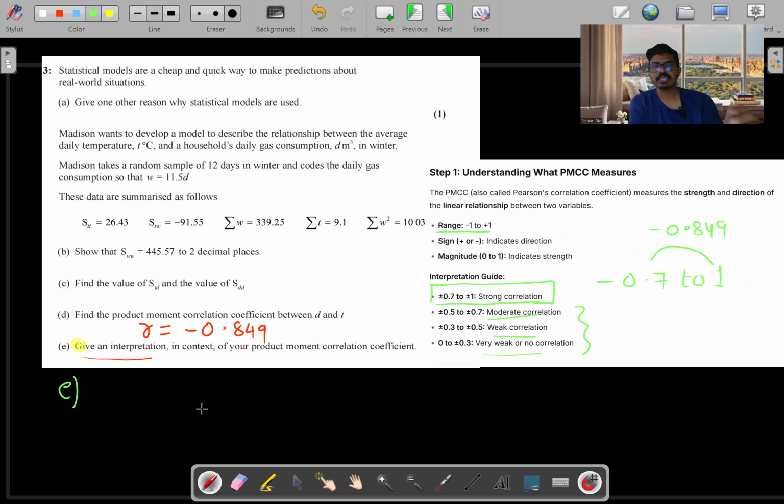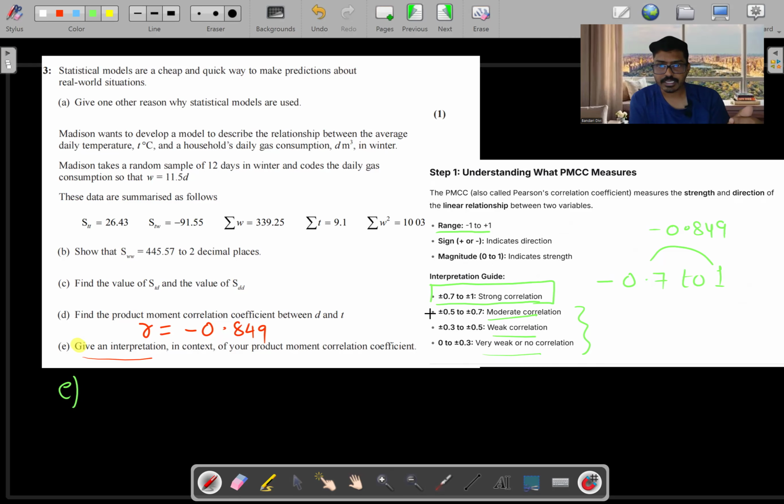So you need to know these statistical data from your equation sheet. You'll get it. I have made this for you, so you can easily use this. So we got that it is minus 0.849. It is not about the negatives, it is all about the data. So that is the interpretation guide.